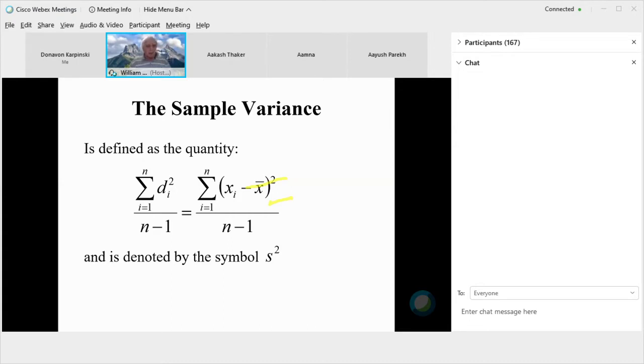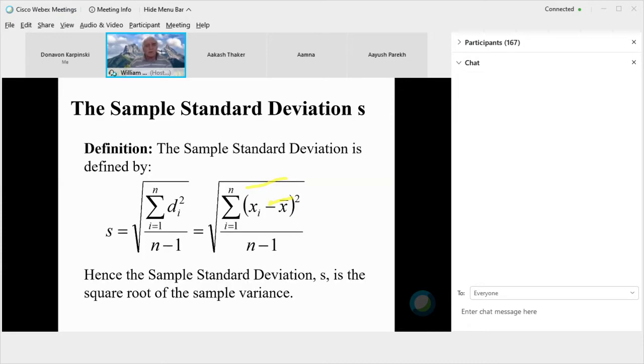Originally, it was divided by n, but mathematicians found a better divisor, n minus 1. This is denoted by the symbol s squared. s is the square root of the sample variance: the square root of the sum of xi minus x bar squared over n minus 1.